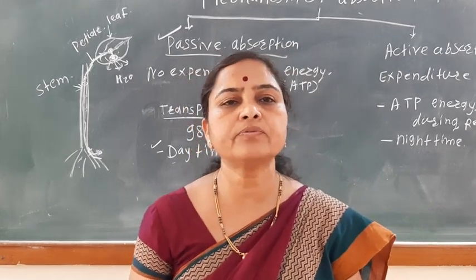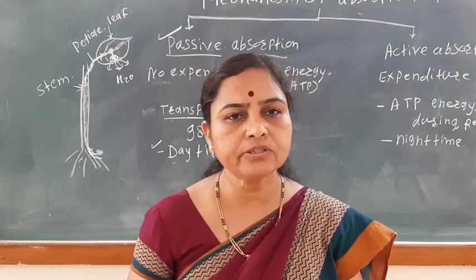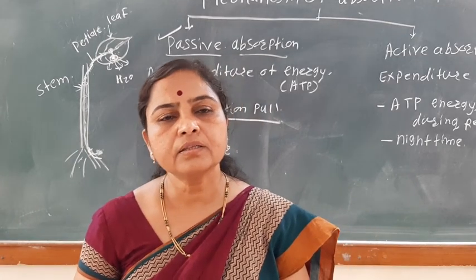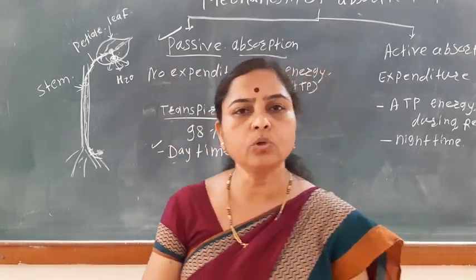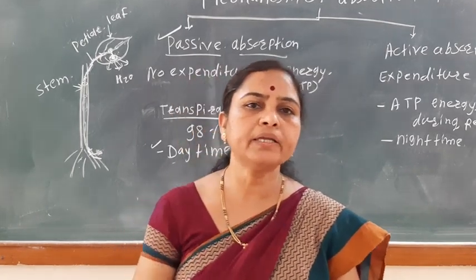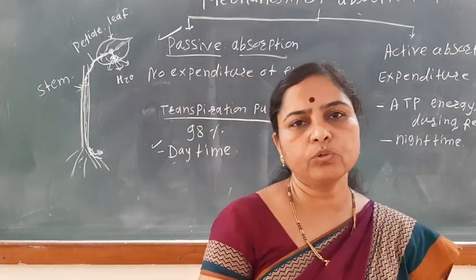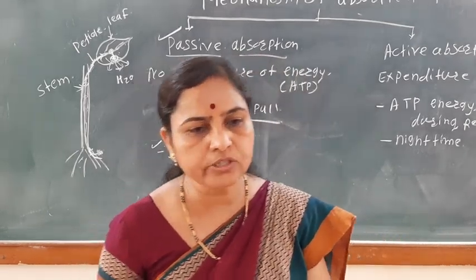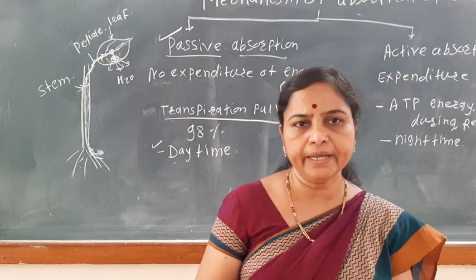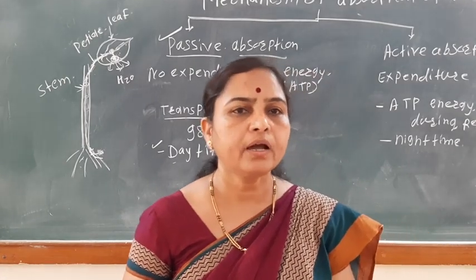We have seen that if solute is added the water potential decreases, and the water potential of pure water is 0. So the movement is from less negative to more negative. It is due to the negative water potential gradient that movement of the water takes place.